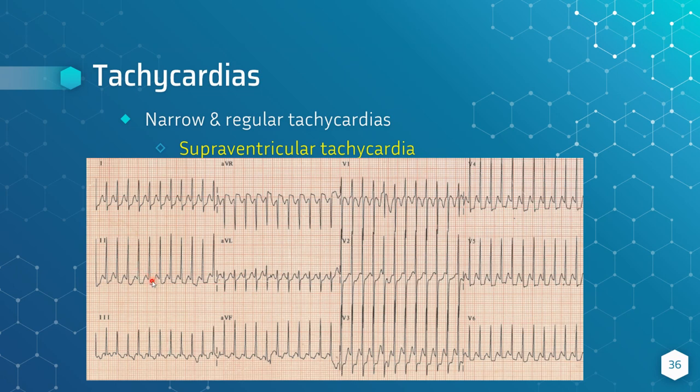So again, it's narrow QRS, it's regular throughout. You can't tell if there's any P wave activity going on here or atrial activity, and so you would just classify that as SVT.